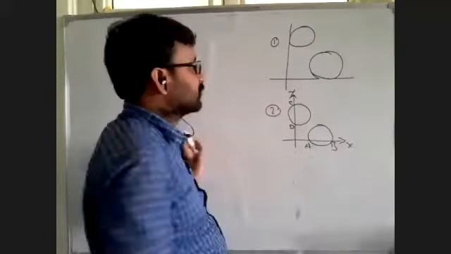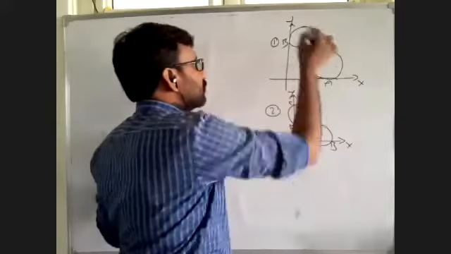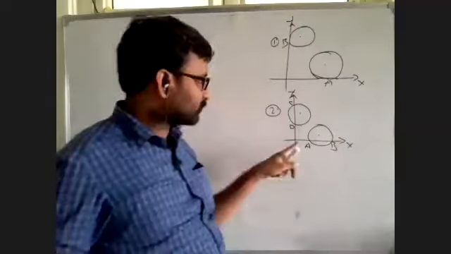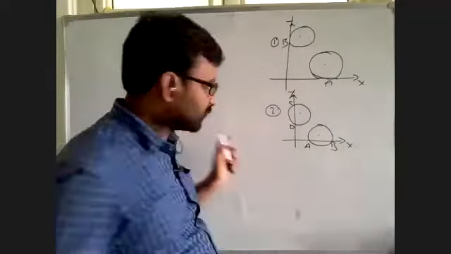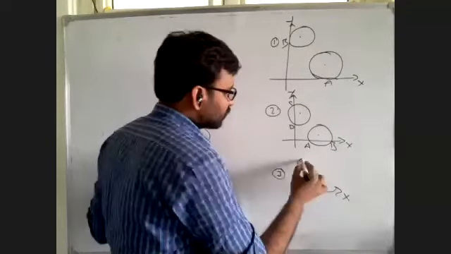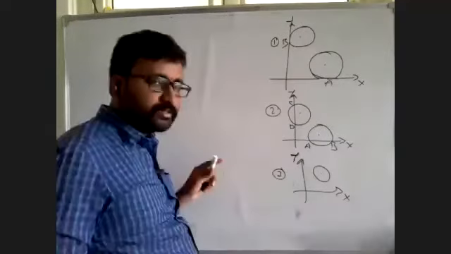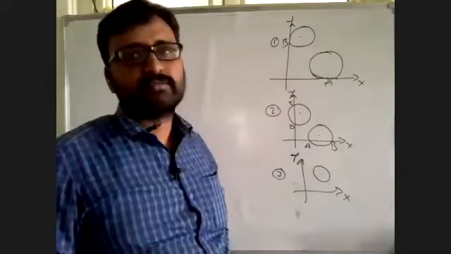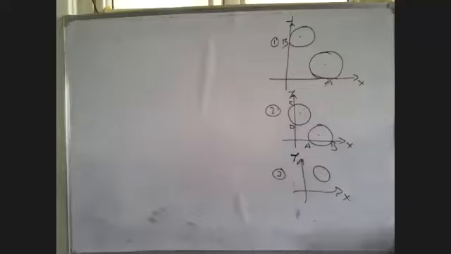Touch at A, touch at B, on x axis, on y axis. These are the centers. This is not the meaning of center lies on x axis or center lies on y axis. That is already completed. And now the third one, circle will not touch or will not intersect x and y axis. So 3 cases exist.